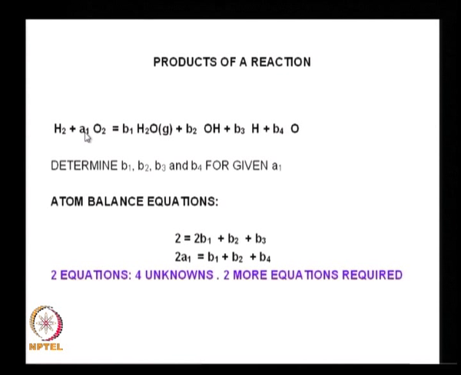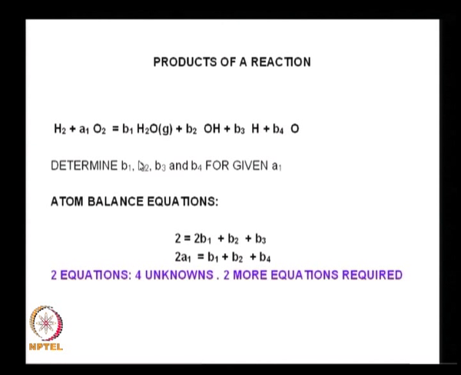The reaction between hydrogen and A1 moles of oxygen gives me B1 moles of steam in the gas phase, B2 as hydroxyl radical, B3 as H atom and B4 as O atom. I just assume it is true. We could have assumed something else. This is just to illustrate how we calculate the products of a reaction, and using the products, how I go ahead and calculate the flame temperature.